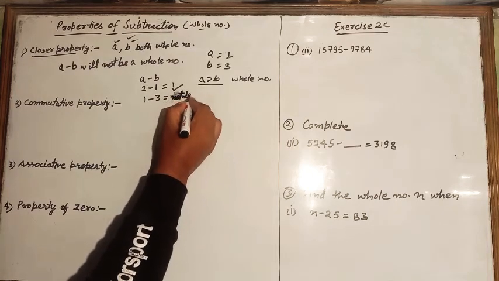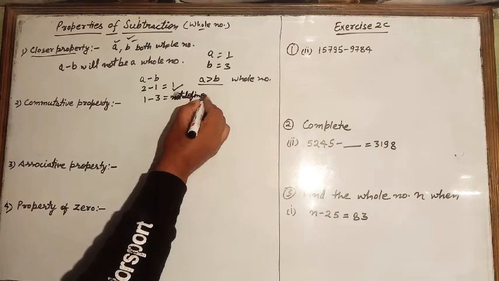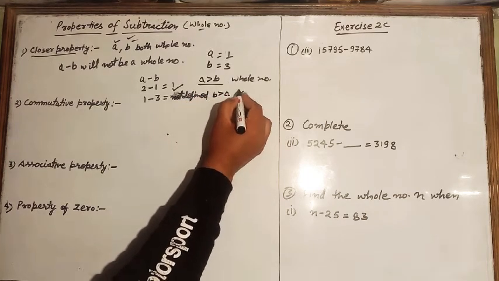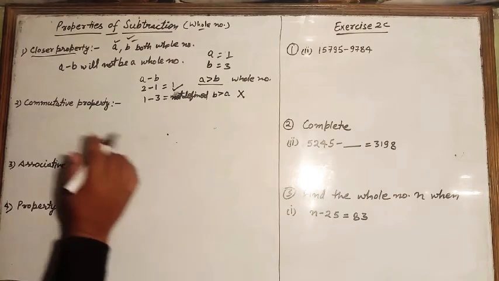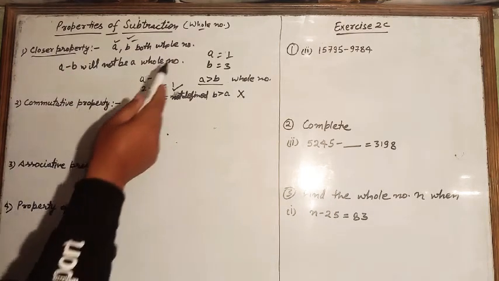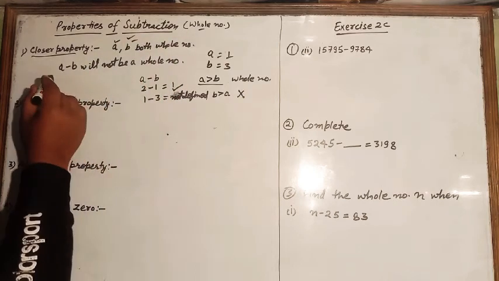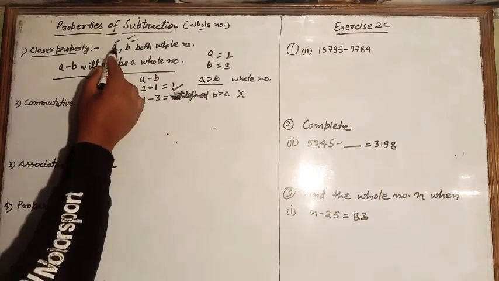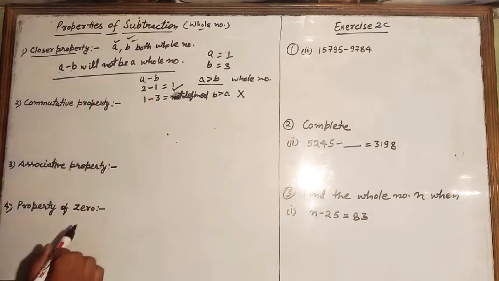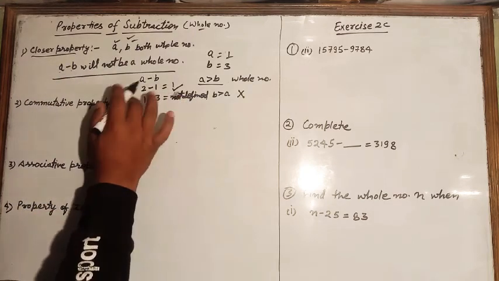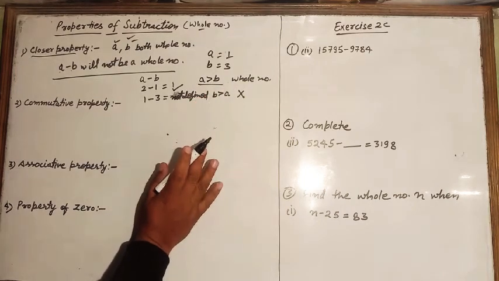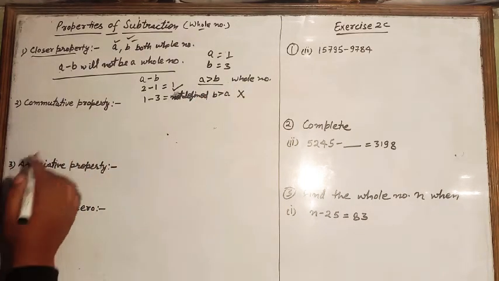It means if b is greater than a, then there will be no whole number value. So the closure property does not hold good for whole numbers. We can represent it like this: if a and b are whole numbers, then a minus b will be a whole number only if a is greater than b.